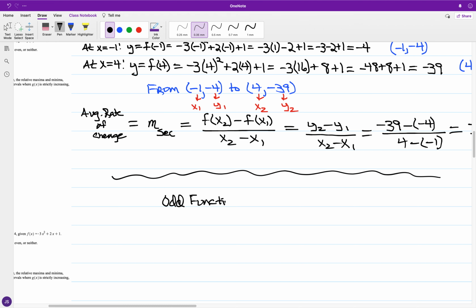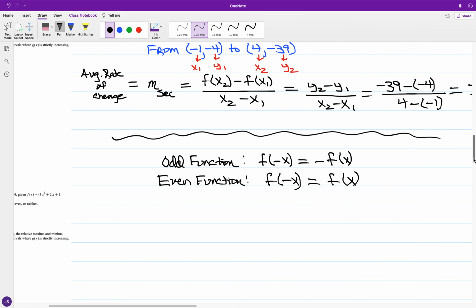For an odd function, opposite sign inputs lead to opposite sign outputs. So in this case, we have f of -x is equal to the negative of f of x. Again, opposite sign inputs lead to opposite sign outputs. Now, in the case of an even function, if you have additive inverse inputs, you're still going to come out to the same function value.